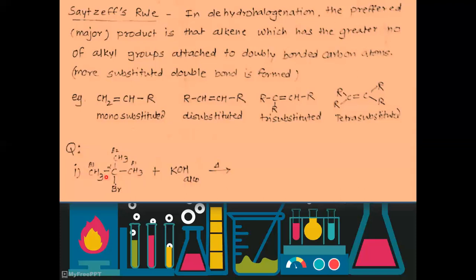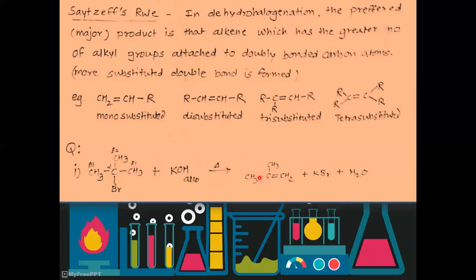All these beta carbons have the same number of hydrogens, so only one product will be obtained: CH3C(CH3)=CH2. Anywhere the double bond forms, CH2=C(CH3)CH3, it is the same compound.